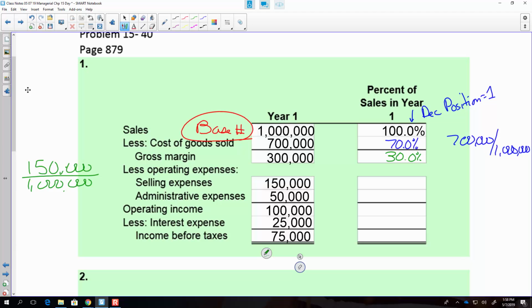It's 15%. Nice that 1 million was used as the sale number. 50,000 to 1 million is 5%.